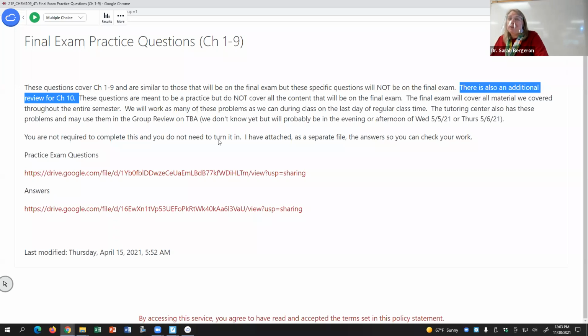So you will not see any material for chapter 10 on the final exam. Usually we do cover it, but Hurricane Ida happened, right? There are practice exam questions, and then I posted all of the answers. So what I would do is print out the questions and try them, and then go and check your answers, okay? Good on that?